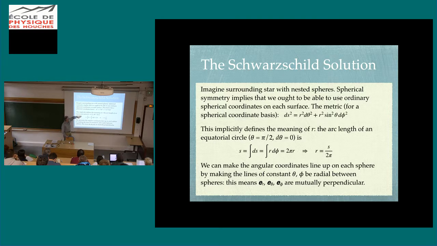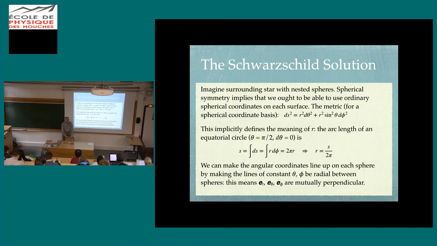Well, it says that the arc length of an equatorial circle around one of those spherical surfaces, if you do, I'm going to take theta equal pi over 2, so I'm in the equatorial plane. I'm going to take d theta equals 0. I'm going to take dt equals 0. I'm going to take dr equals 0. I'm just going to integrate around using the metric. I get 2 pi r.